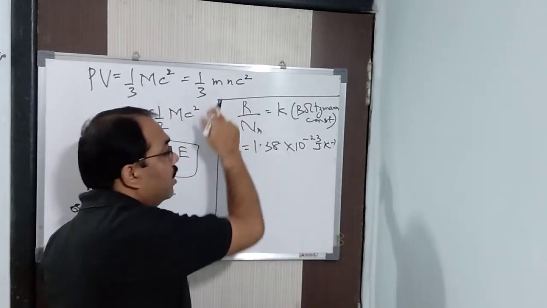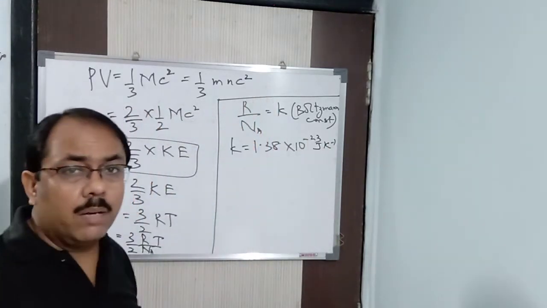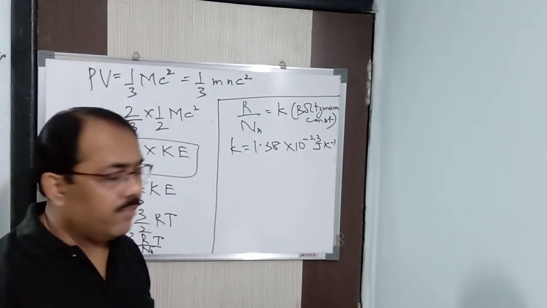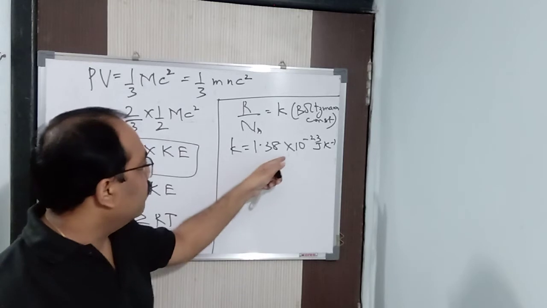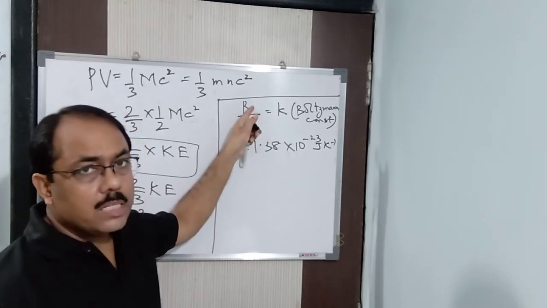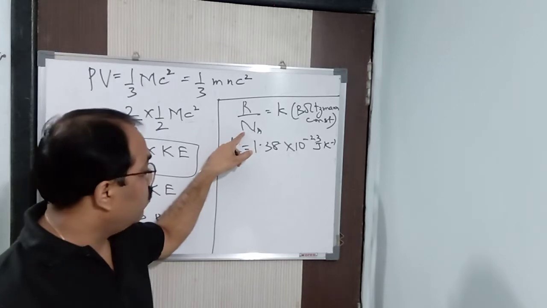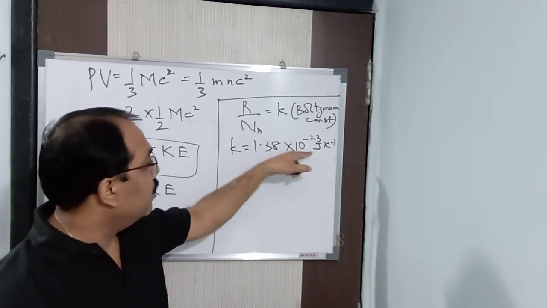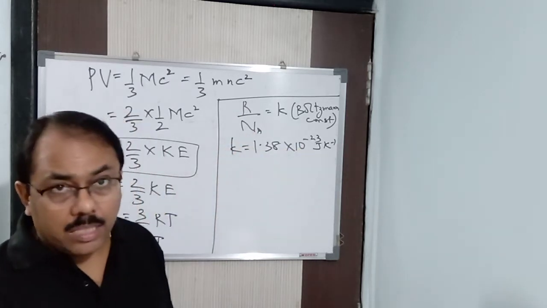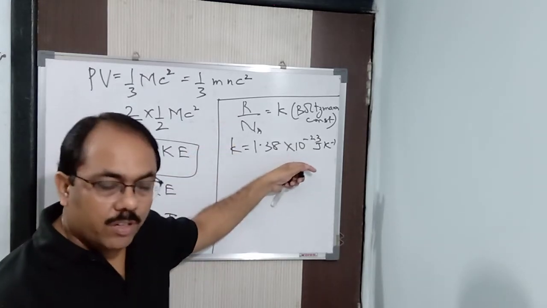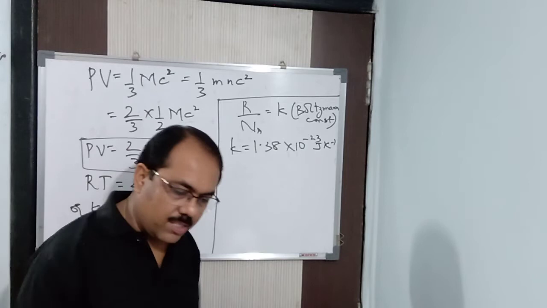Different units give different values of R, as I have already discussed. In the SI system, with R as 8.314 joules per Kelvin per mole and Na as 6.023 into 10 to the power 23, I get this particular value of K. Otherwise, when the value of R differs, this value will also differ. Clear?